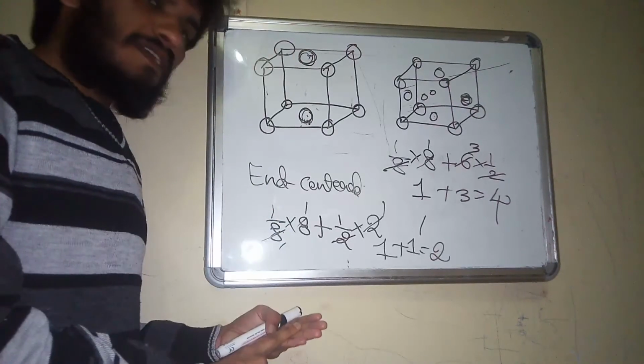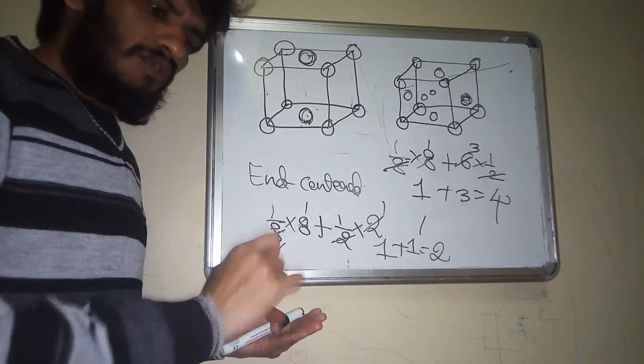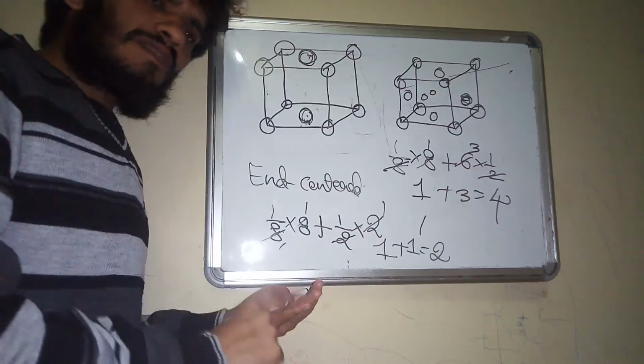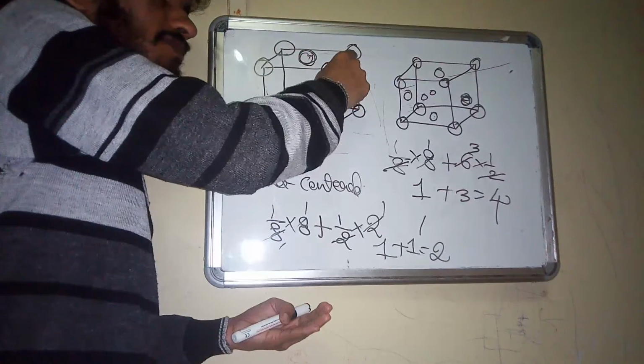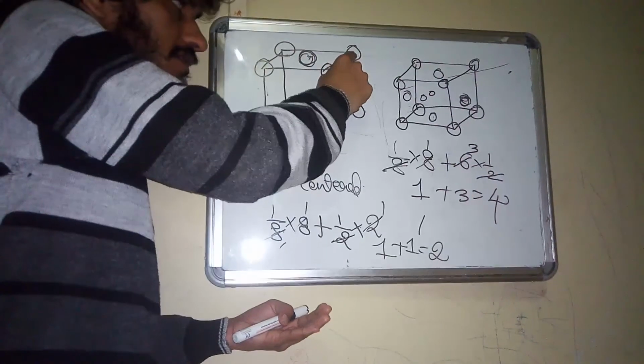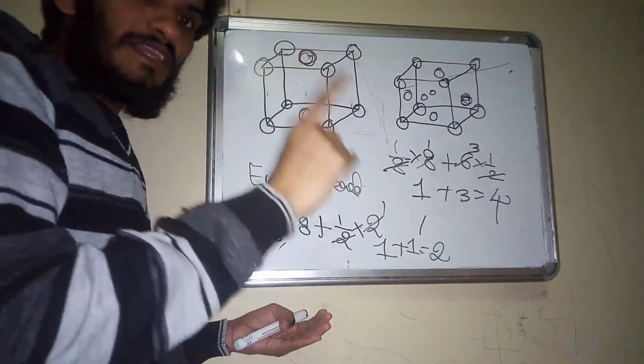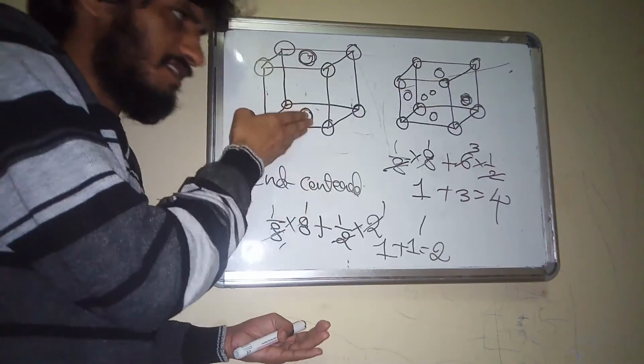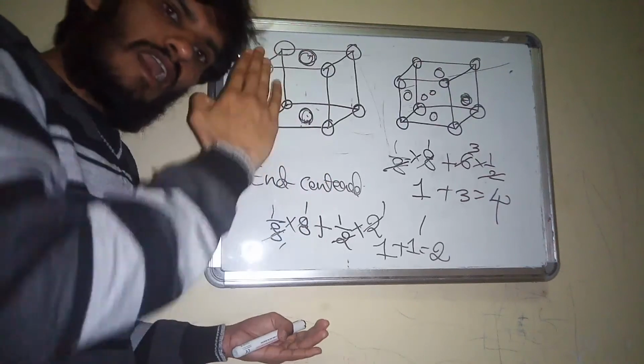To do this calculation, you have to remember 3 very important points. The contribution of each corner lattice point is 1 by 8. If an atom or lattice point is present on the faces, its contribution is half.